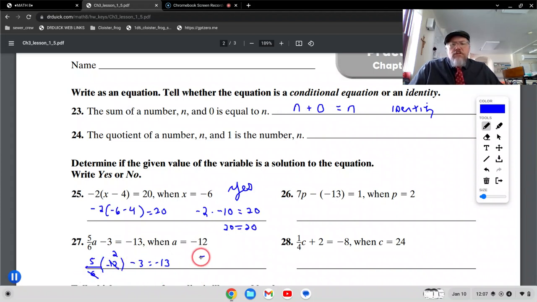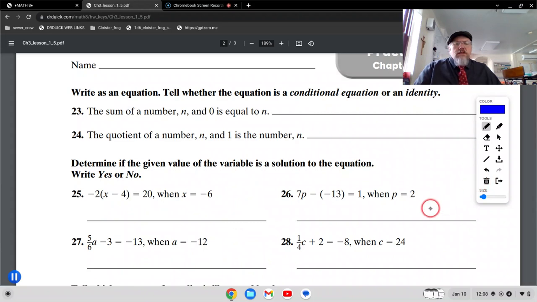So then you end up with 5 times minus 2 minus 3 equals minus 13. So 5 times minus 2 is minus 10. Minus 3 equals minus 13. So, yeah, minus 13 equals minus 13. So I can put a yes for that one. Right? So it's making sense.